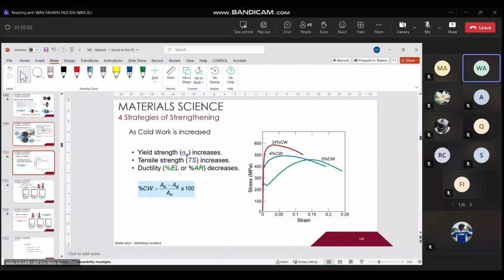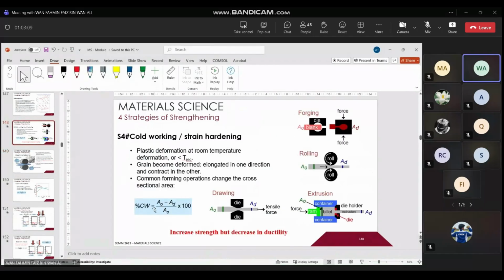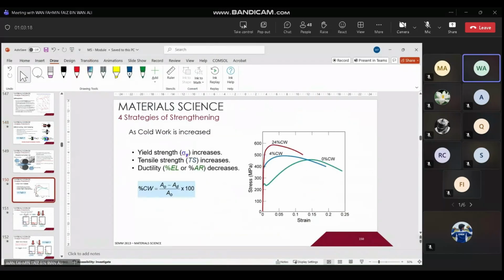The change is about 4%. Why change? Because if you look into this equation, the initial area minus the final area, or reduction, divided by the initial area. So the bigger your percentage of cold work, you can expect the strength now increases. It is higher. The blue line is higher than the green line.